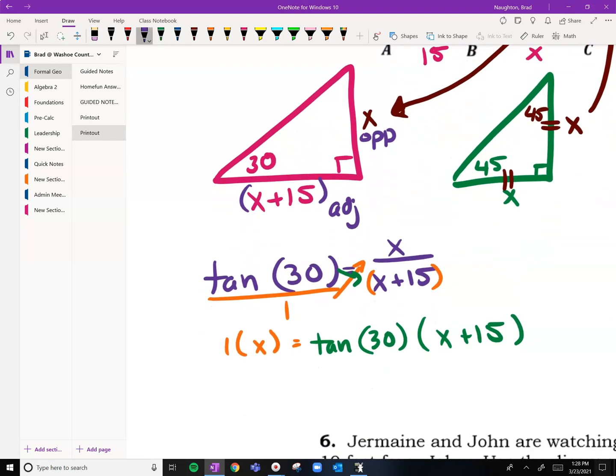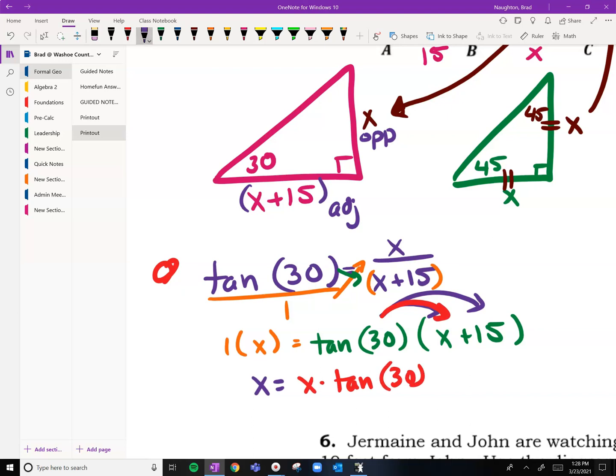So what this means is I'm going to have to distribute this to here and here. So X is equal to X, and if I do the first part here, I'll do this in red. There we go. So this would be X times tangent 30.